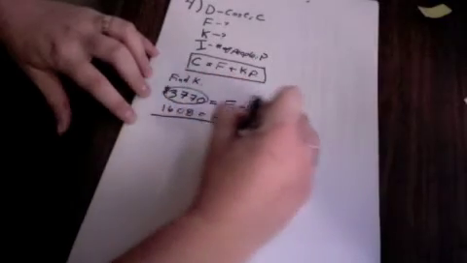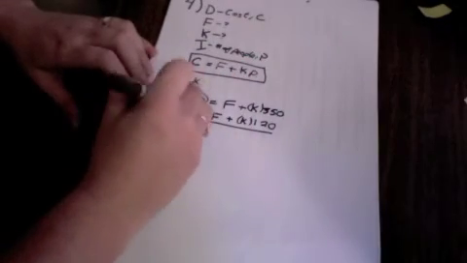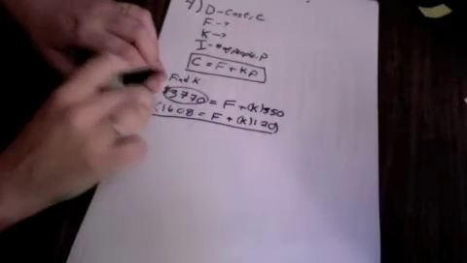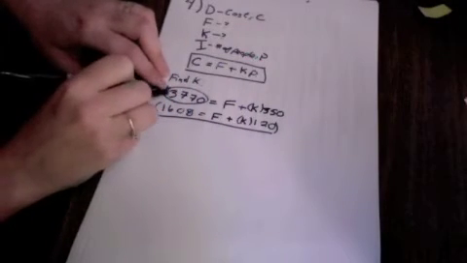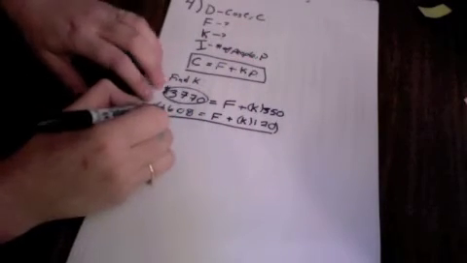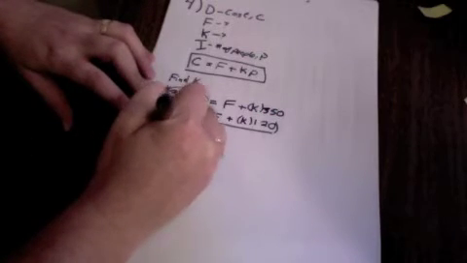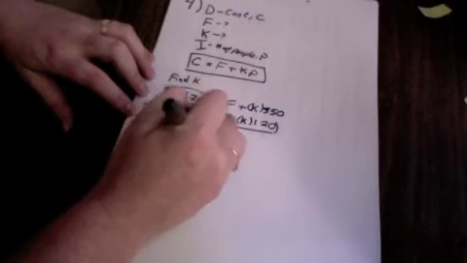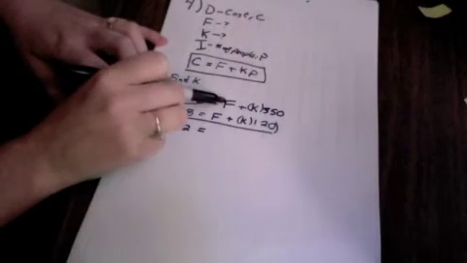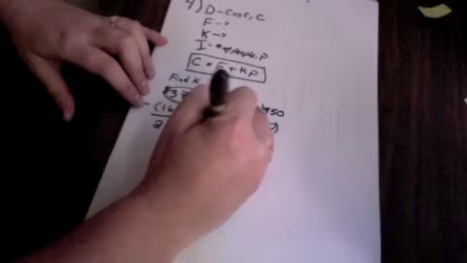What we're going to do is subtract this one away from this one. $3,770 minus $1,608 is $2,162. F minus F, well, that's just 0F.